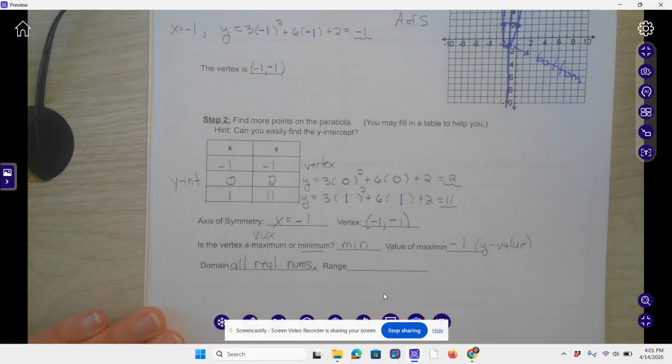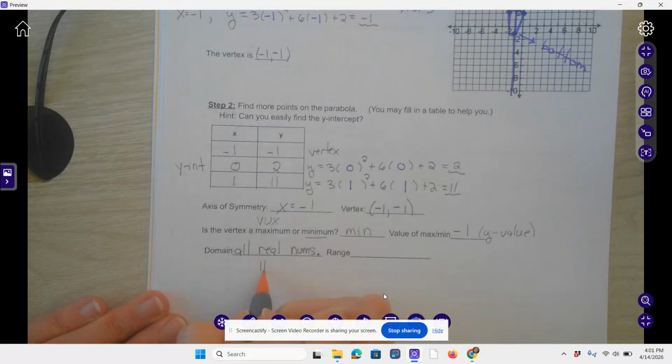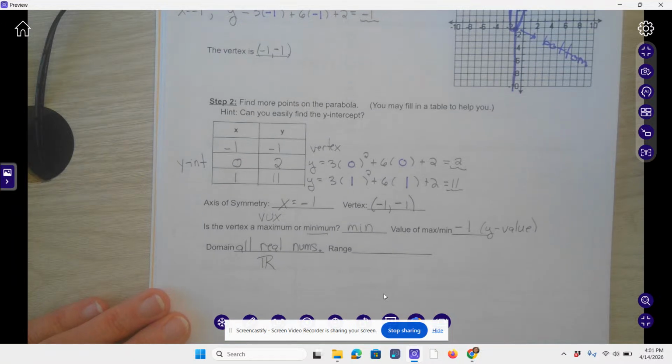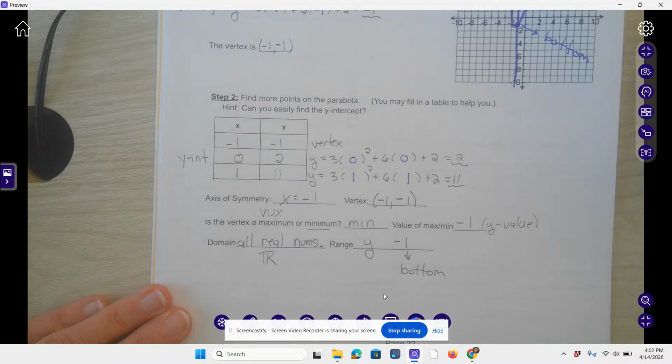I'm going to abbreviate it like that. And remember, you can use that symbol for all real numbers, the double-legged R. And range, those are y values. And I know my parabola ends, or the bottom, is at -1. If it's the bottom, that means it's the very smallest y value.